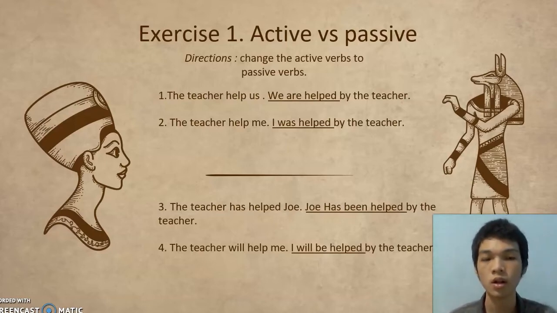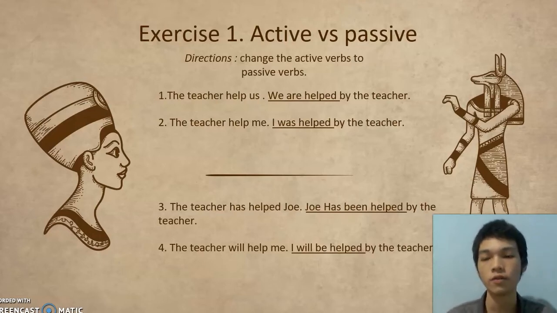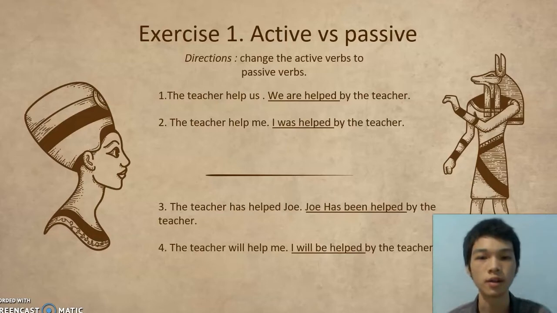So if you get confused about converting active and passive, just remember that active is direct and passive is continuing the words. For number 4, "The teacher will help me," this is a future sentence, and the passive is "I will be helped by the teacher."